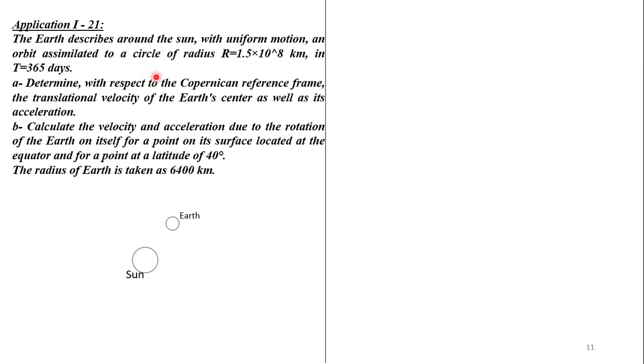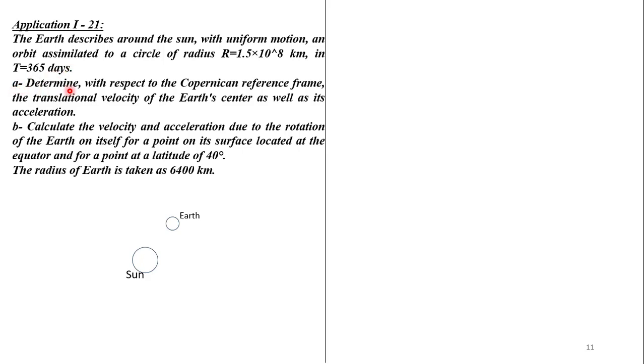We are told that the Earth is making a uniform circular motion, the radius of this circle is given as r equal 1.5 times 10 to the power of 8 kilometers, and we know the period of rotation of the Earth around the Sun. It's equal to 365 days, so it's 1 year.